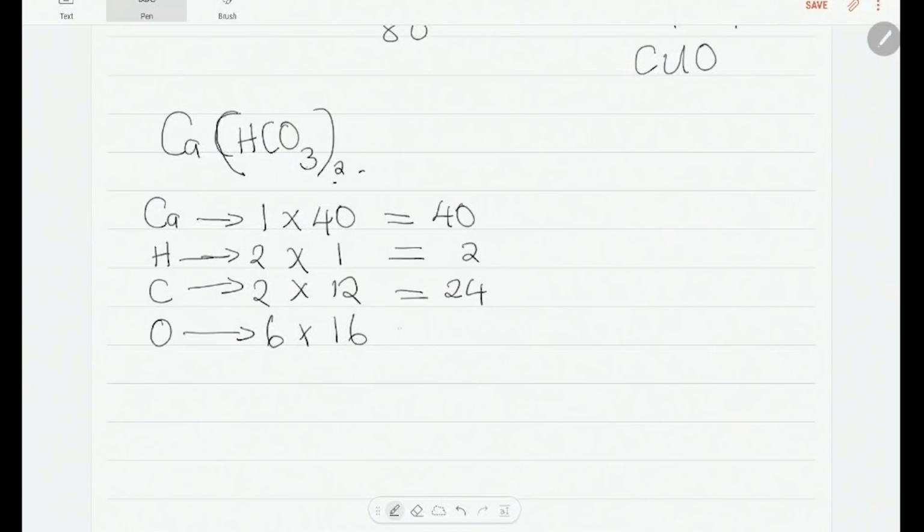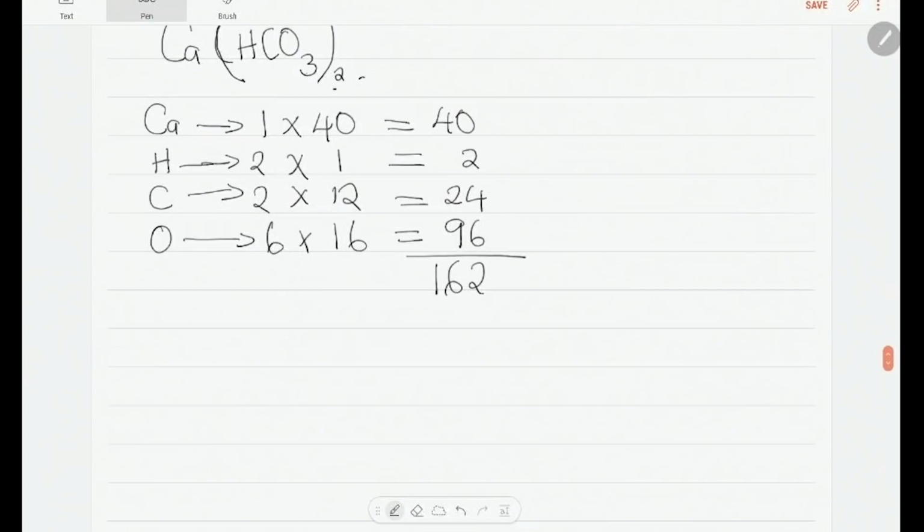Then we add 96 plus 24, then plus 2, plus 40. What do we get there? That is 162. So 162 is option D, and that is our correct answer. Then we move on to question 12.